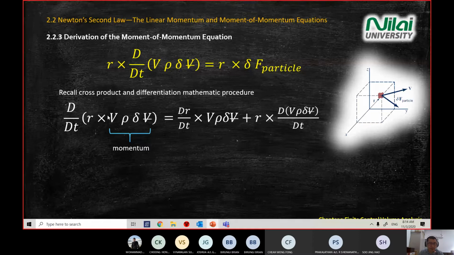When you differentiate a cross product, you differentiate the first one and carry the second part, and then you differentiate the second one and carry the first part. This is in your calculus chapter where you do differentiation of two entities inside a domain. So if you don't understand this mathematics, go to your calculus chapter and look into differentiation of cross products.